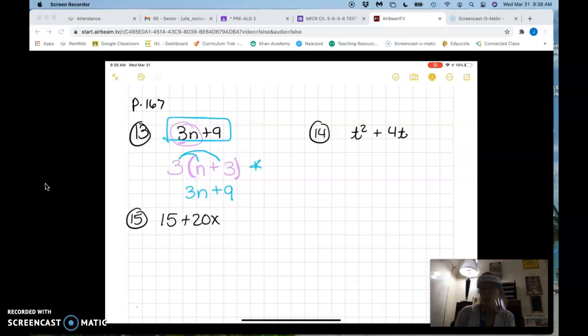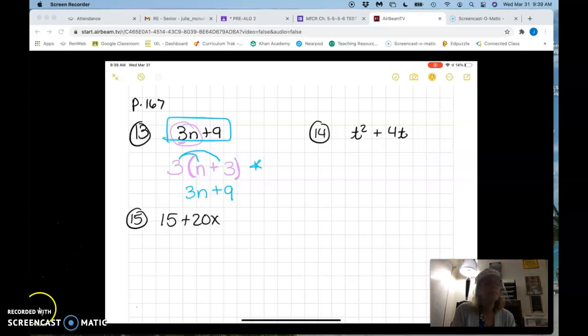So number 14 is a little different because the first value in number 14 doesn't have a number on it. But what do they both have in common? They both have t's. What is the largest number of t's that they both have in common?